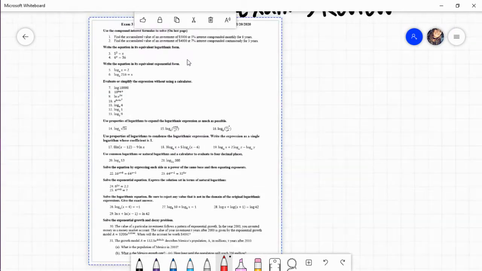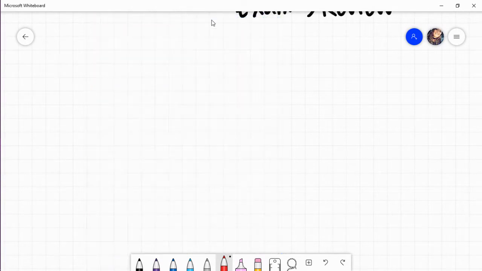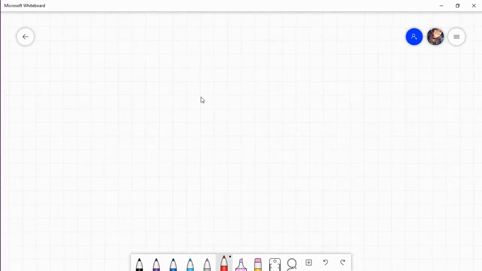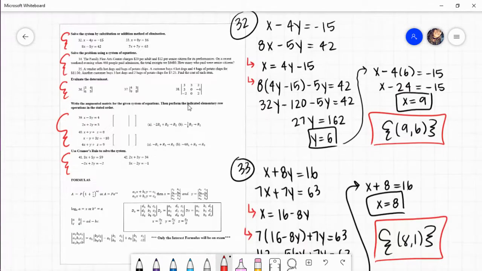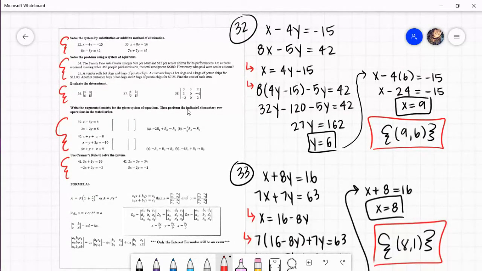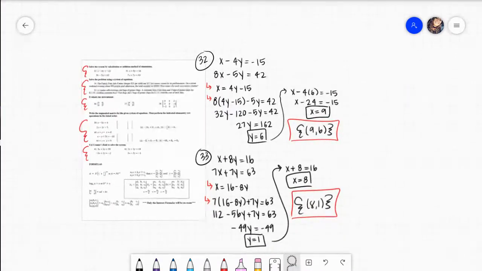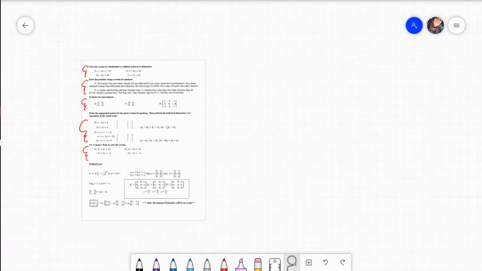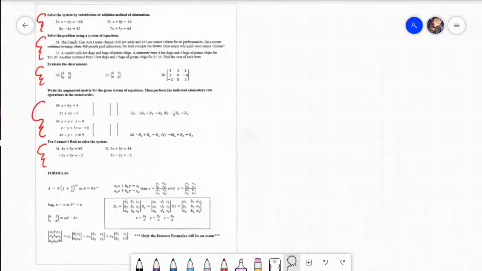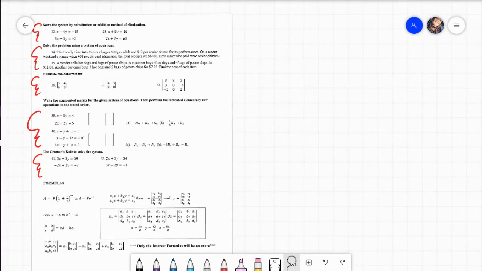So actually, let me go ahead and get rid of it. And then we can move right here. Okay, awesome. So let me flip my laptop. I'm going to zoom out so I can delete all of this. Those are the last problems that we completed. So that means that we are on problem 34.